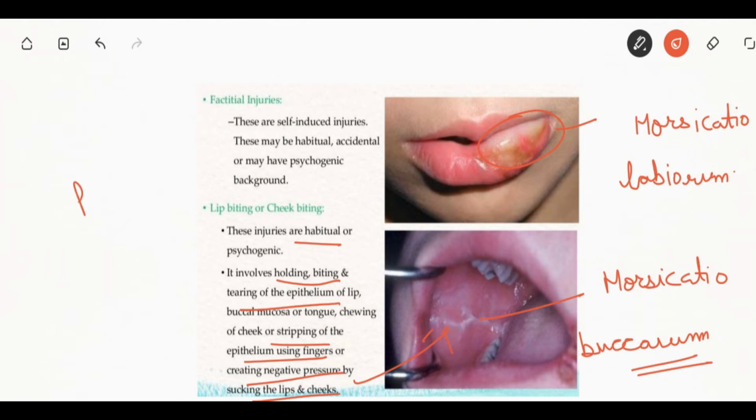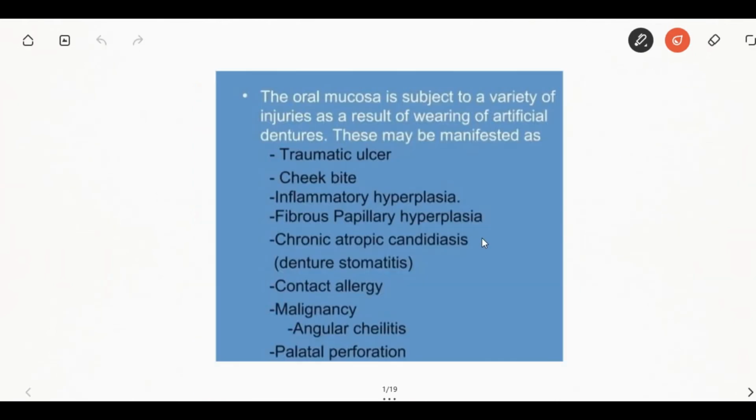On histological examination, you will see extensive areas of hyperkeratosis with keratin projections that represent the ragged areas. Treatment consists of counseling and psychotherapy, and an acrylic shield can be used to prevent access of teeth to the lips and cheeks. Next we are going to discuss the denture injuries.